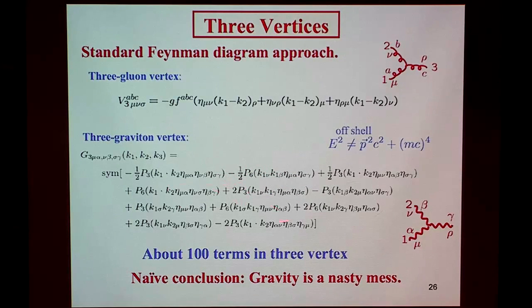And this is 3 terms, and so on and so forth. And then there's more terms. There's a little symbol there that says it's even a bigger mess. It's about 100 terms. Now, if you're a clever graduate student and your professor shows you this 3-graviton vertex and says, well, I want you to do a calculation, the clever graduate student should say, oh, that's very nice, but I'm going to go work on a different problem.